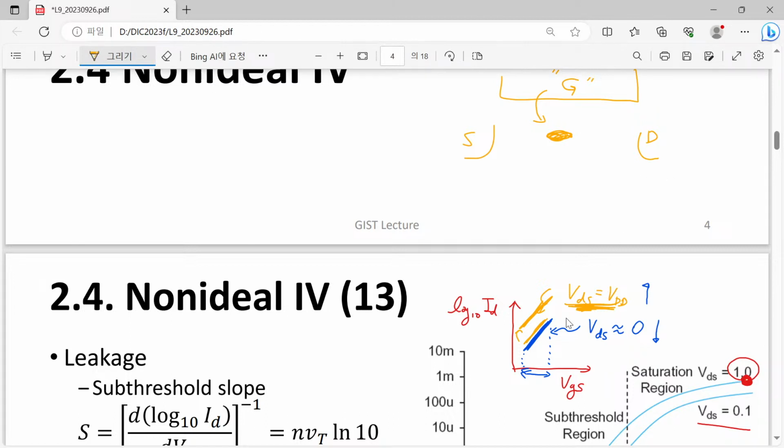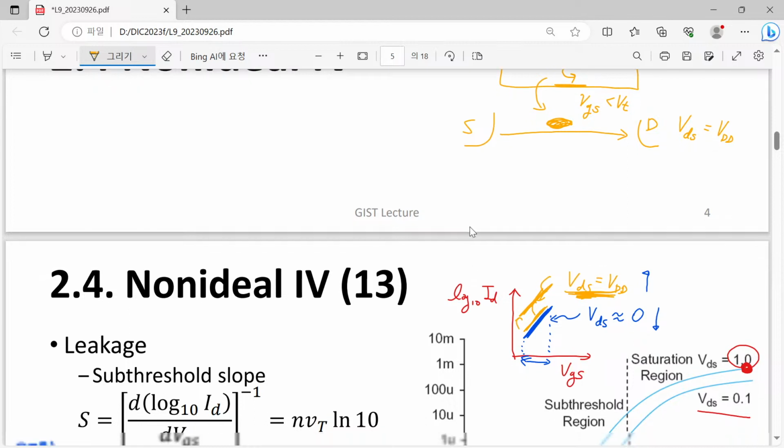However, this graph shows that although gate says no current at all by applying VGS smaller than threshold voltage, when VDS equal to VDD, now we have a small additional amount of current flowing between source and drain, although gate does not allow it.